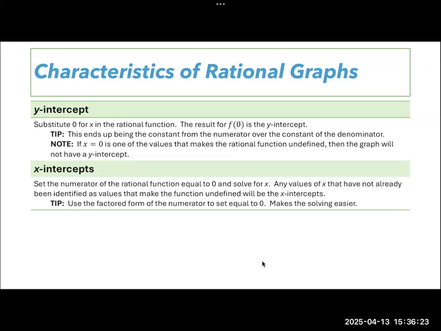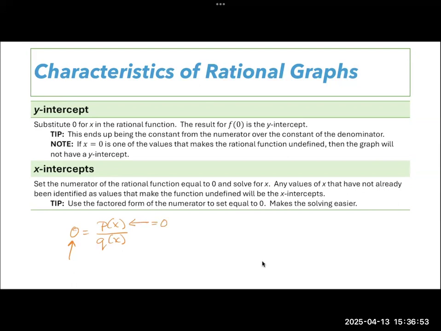For x-intercepts, obviously it's the other way around. It's putting 0 in for y and solving for x. But again, because we're dealing with a rational function, where we're putting in 0 for y, we have a polynomial over a polynomial. We know that the only way this becomes 0 overall is if my numerator becomes 0.